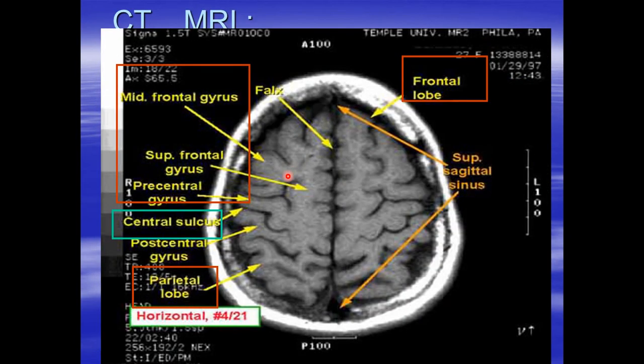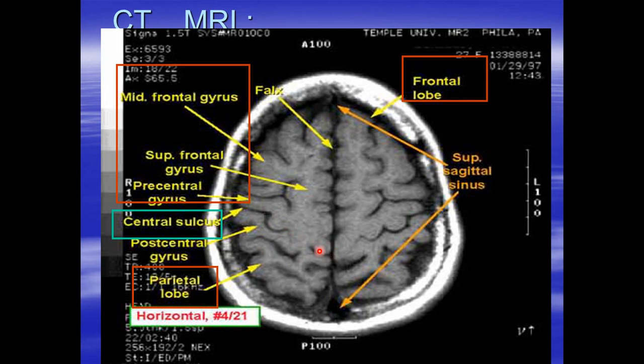Now let's go a little bit up and see what's going on near the top of the cerebrum. First, this is the frontal lobe, and as we said before, the central sulcus is here. And how do we know that this is the central sulcus and not this one? The central sulcus is the only one that reaches the midline.